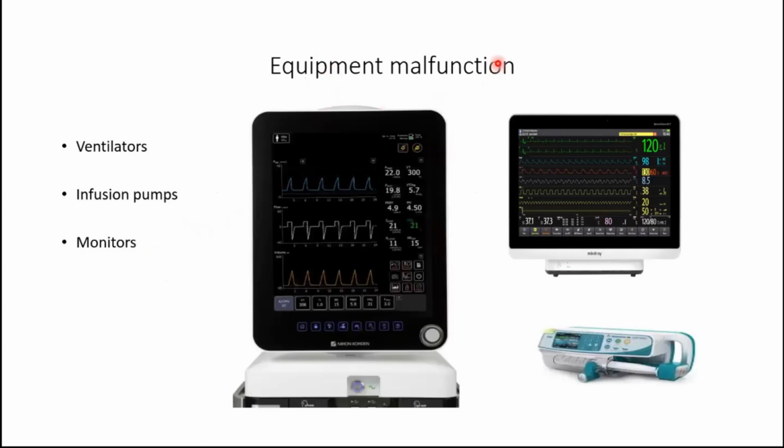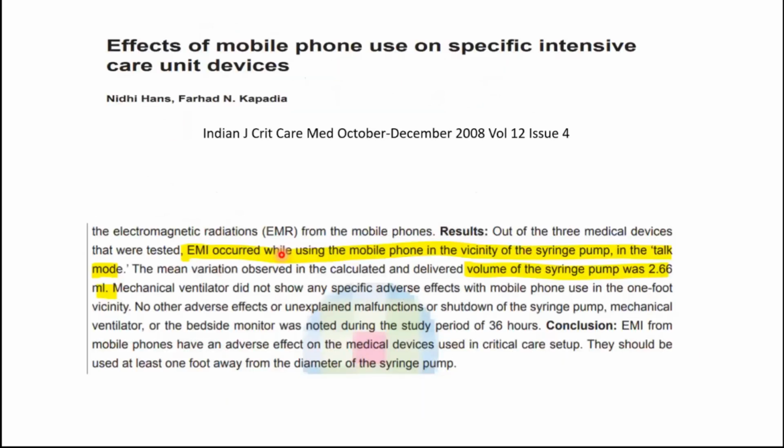Coming to equipment malfunction, although a wide range of equipment used in NICU can be affected by electromagnetic interference, the three most important pieces of equipment that can alter patient outcome include ventilators, infusion pumps, and monitors. This was an article published in the Indian Journal of Critical Care Medicine in 2008: effect of mobile phone use on specific intensive care unit devices.